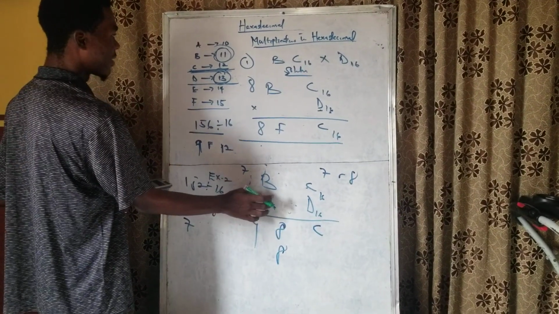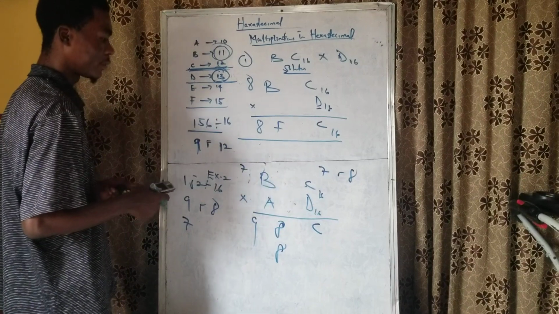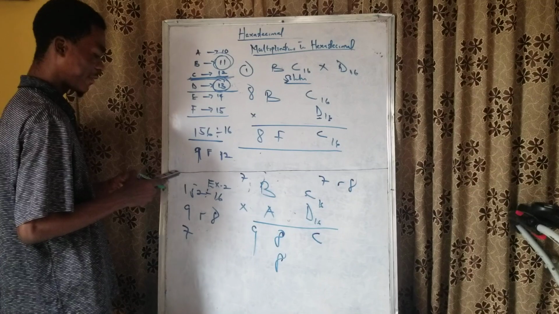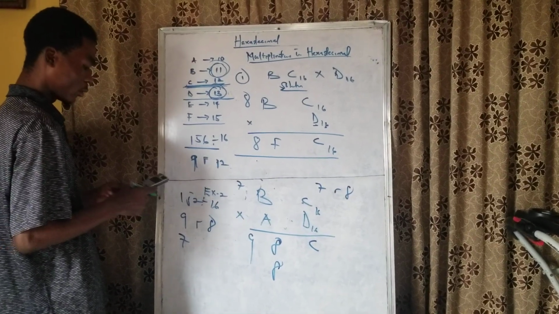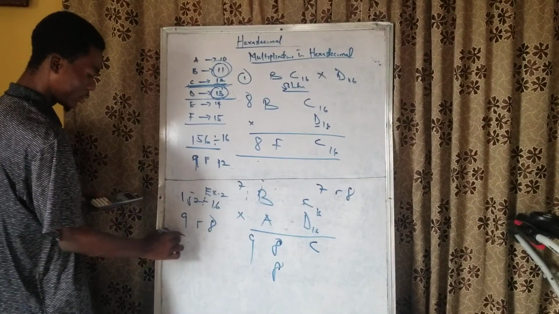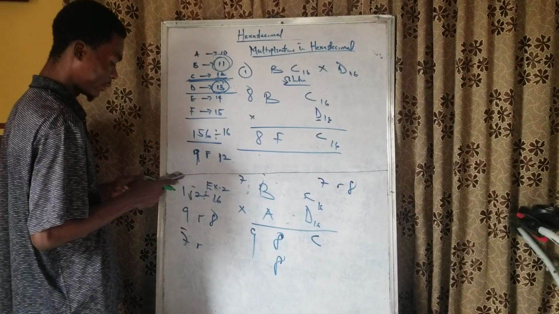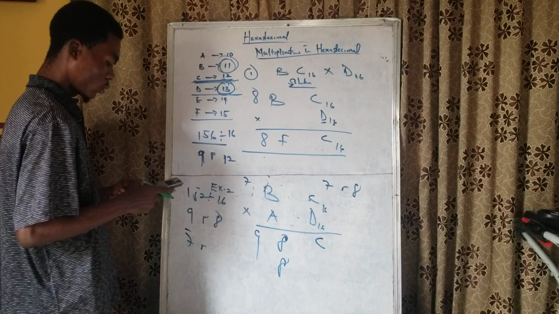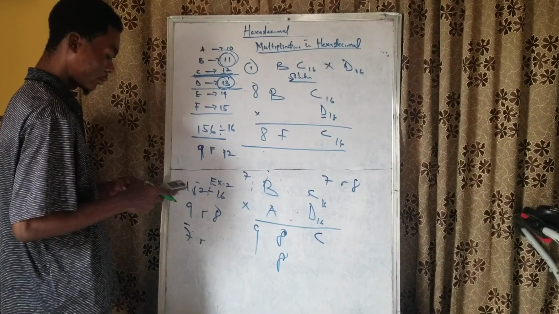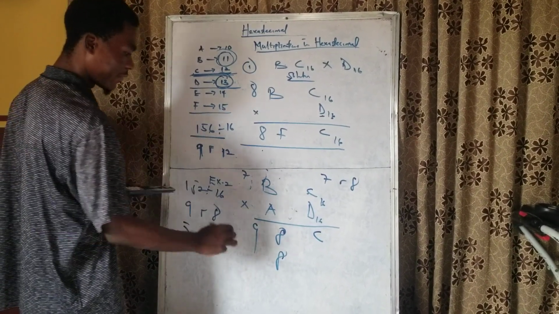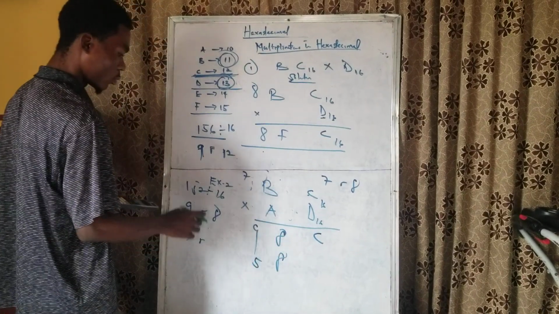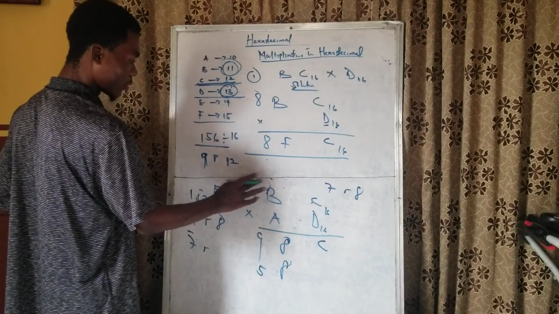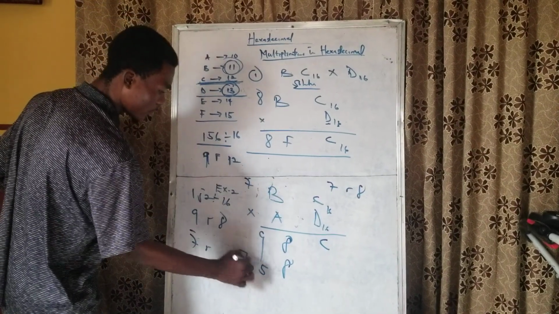Then A is 10, 10 multiplied by 11 is 110. 110 plus 7 is 117. 117 divided by 16 is 7 remainder. 16 times 7 is 112, and 117 minus 112 is 5. So that's 7 remainder 5. We keep our 5 here, and we drop our 7.